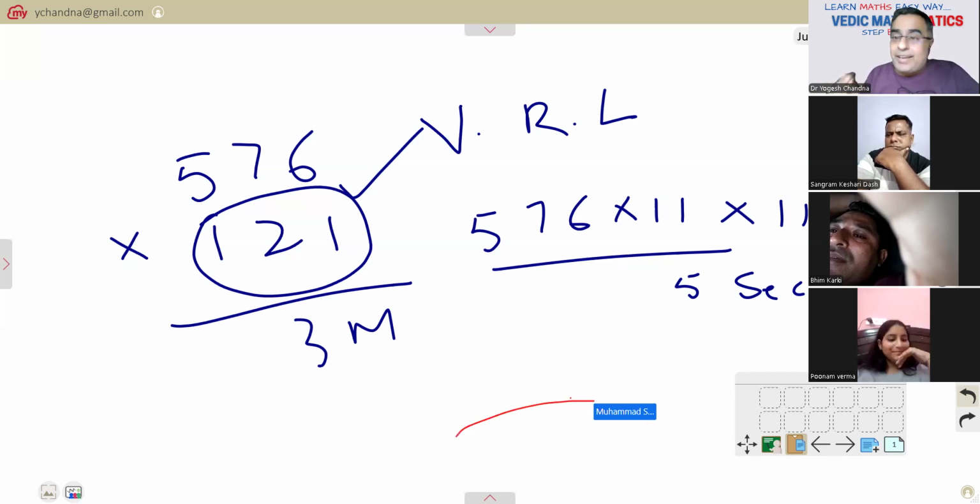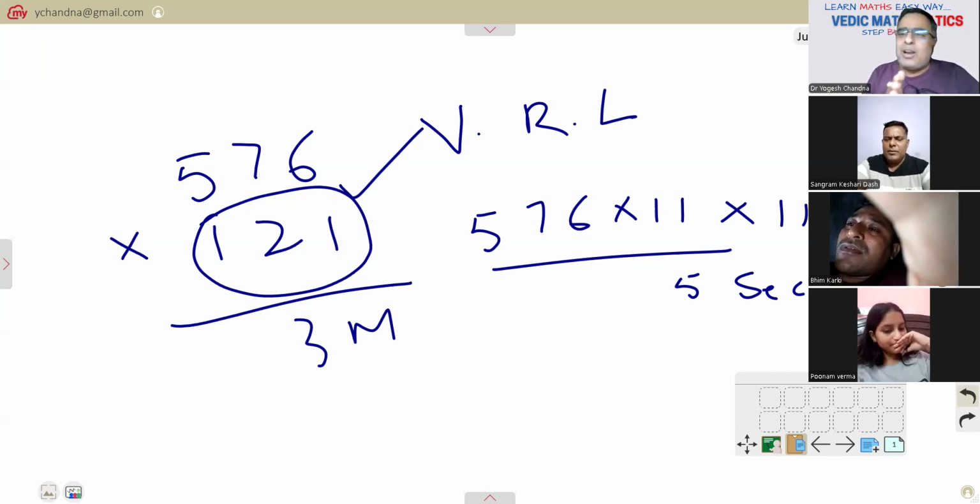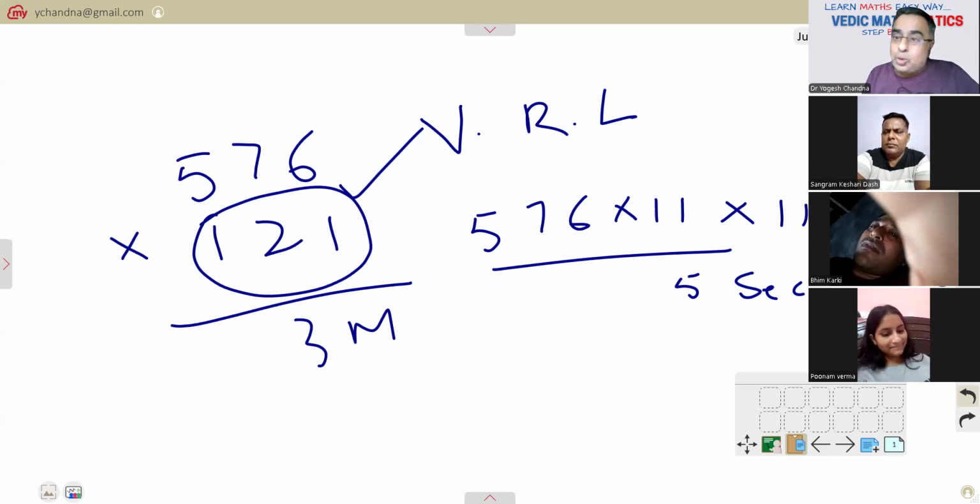But in Vedic maths, we don't need anything. Our brain itself works as a tool, and we need not carry anything to school or exam hall or anywhere. So it becomes much easier for a teacher to teach and for a student to understand. Got it?